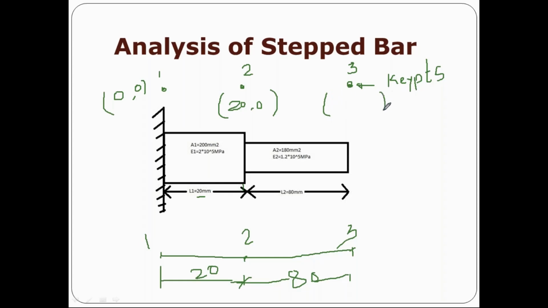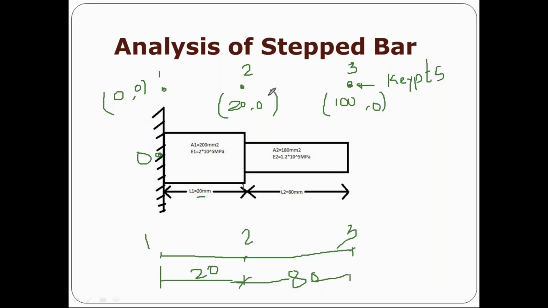Here we are following the absolute coordinate system. If the coordinates are measured from the origin, you can say 100, 0, because we are measuring the distances from the first point.